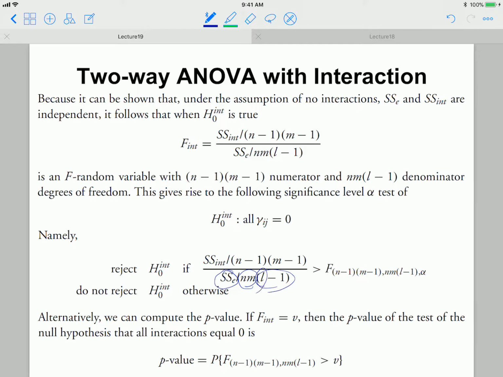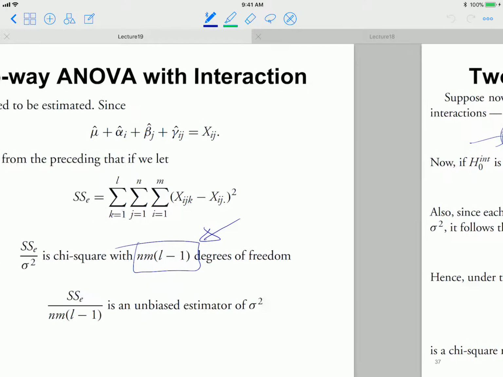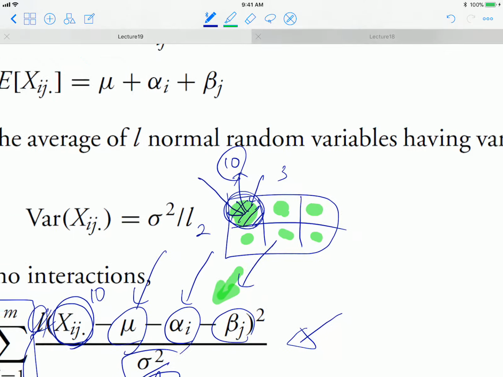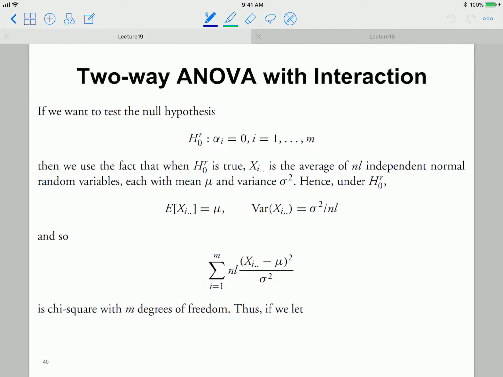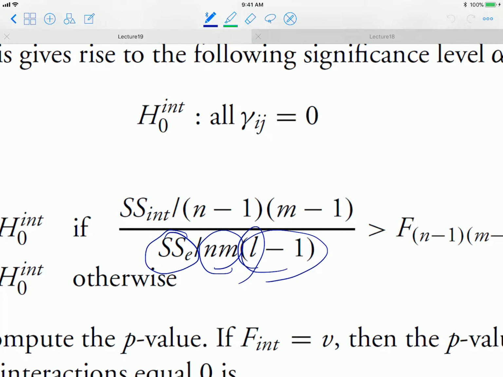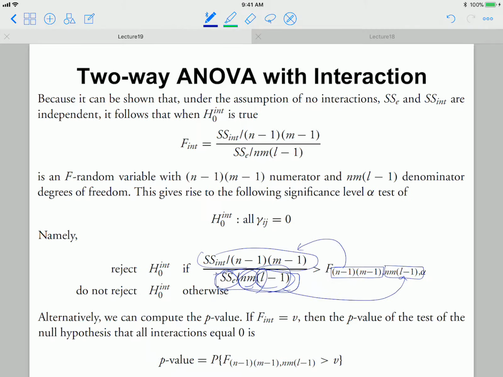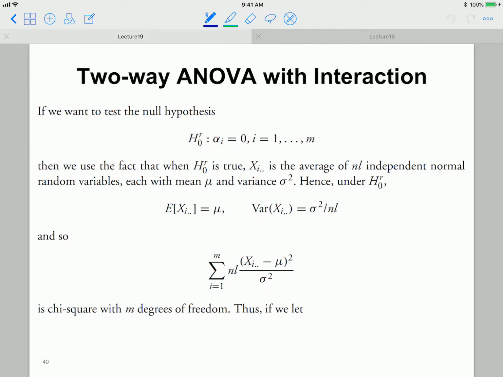The reason why we see this L is because we are considering this setting where each cell contains multiple observations, and that's why we are introducing this L as an additional notation. So the numerator and denominator ratio will follow the F distribution, and the rest of the scenarios will be exactly the same. This one comes from here, this one is replaced here, and then I'll perform this F test, the hypothesis testing, by using the random variable of an F.